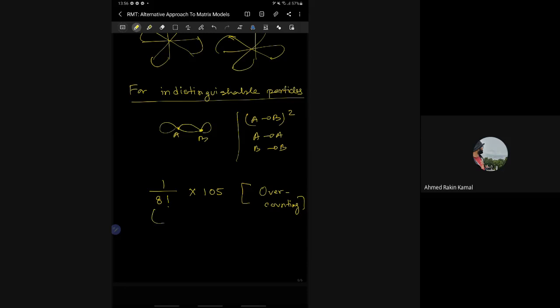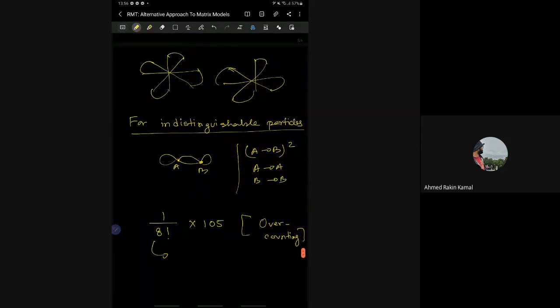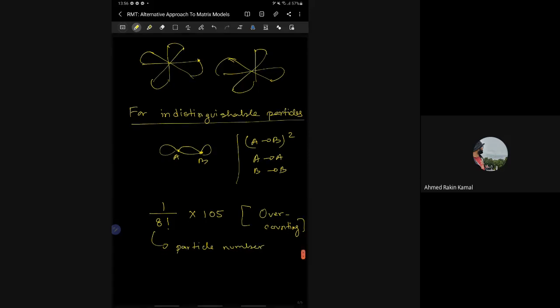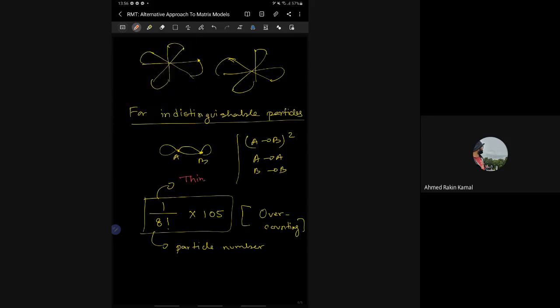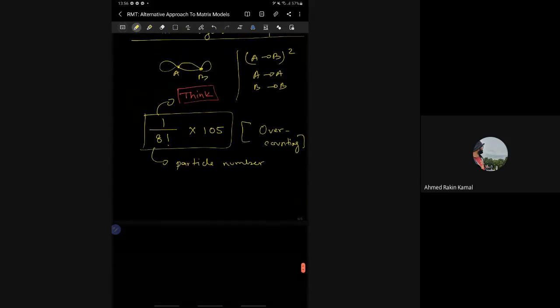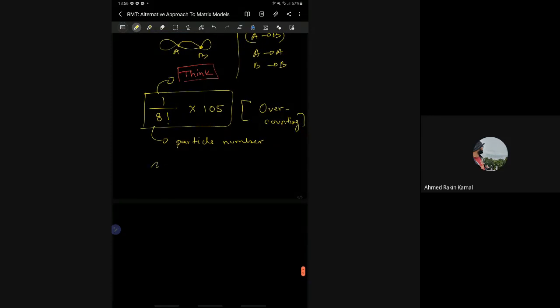So if you call them particles, let me write it like this. If you calculate this, this is 1 over 4 factorial.